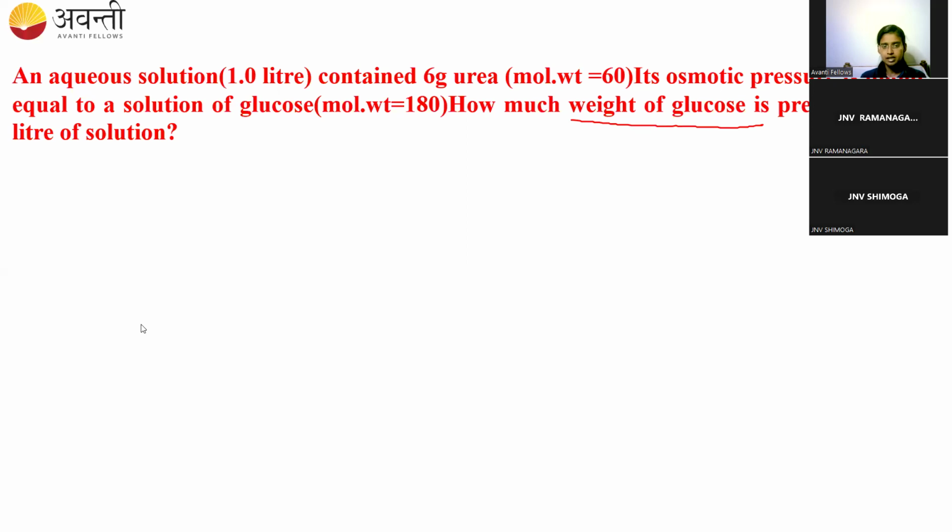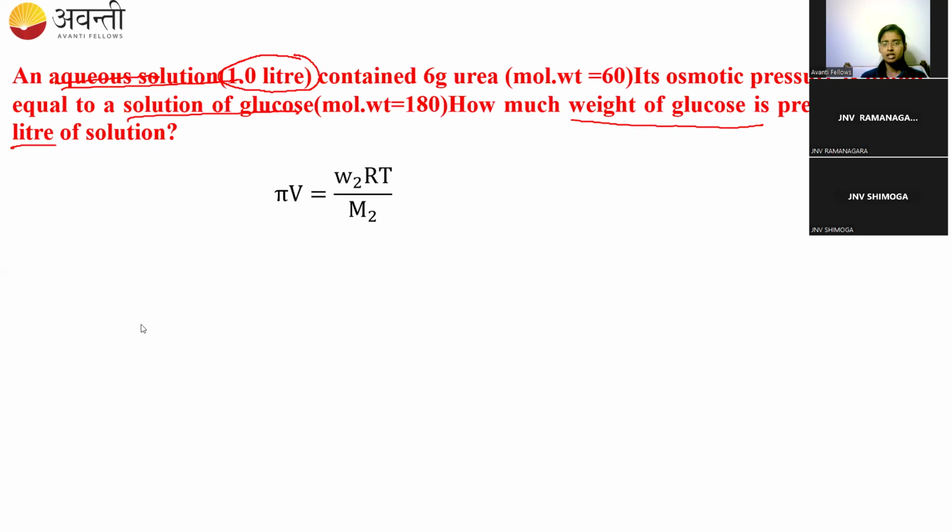So let me take the formula: pi V is equal to W2 RT by M2. Here we have two solutions, one is an aqueous urea solution and the other one is a glucose solution. The volume of the urea solution is 1 liter, and the glucose solution volume is also 1 liter, so volume remains the same.